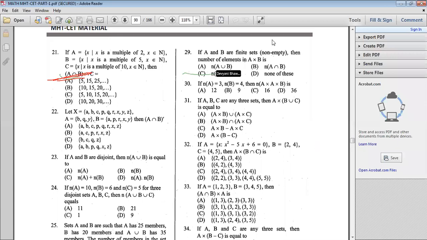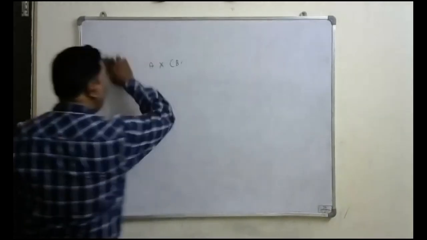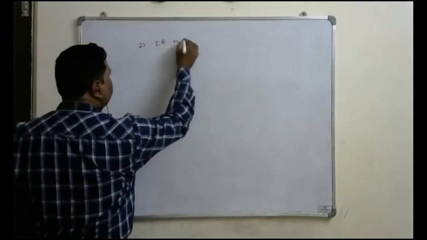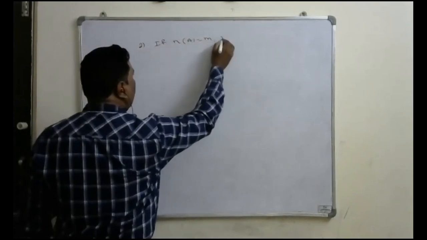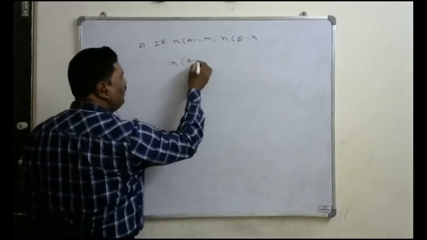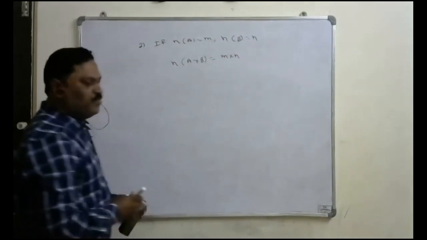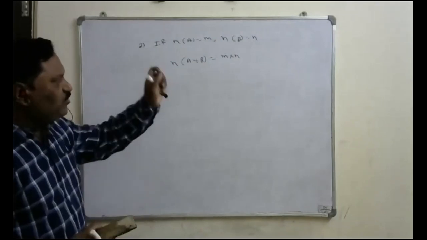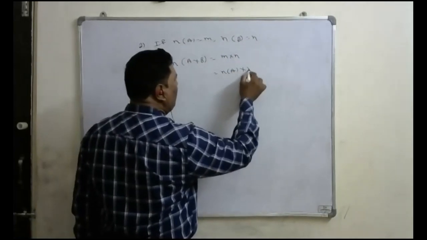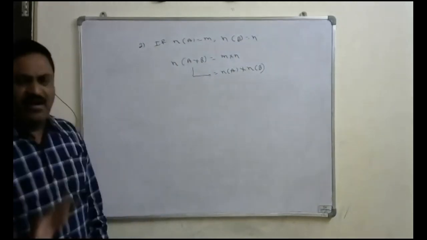If n(A) has m elements and n(B) has n elements, then the number of elements in A cross B is m into n, where m represents n(A) and n represents n(B). Therefore, n(A cross B) is n(A) into n(B).